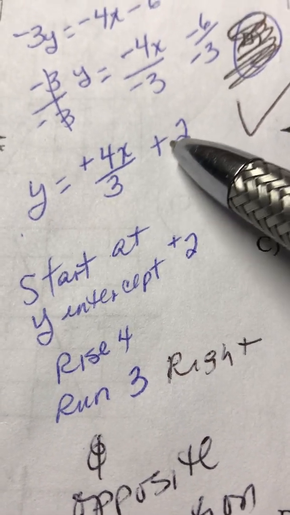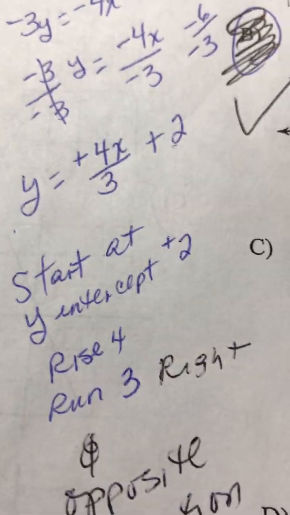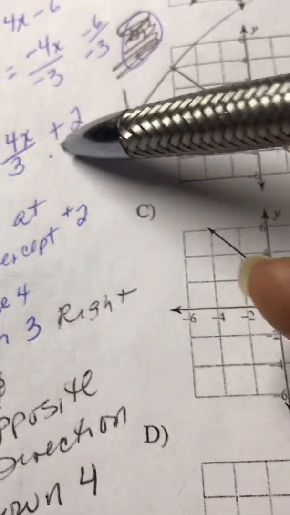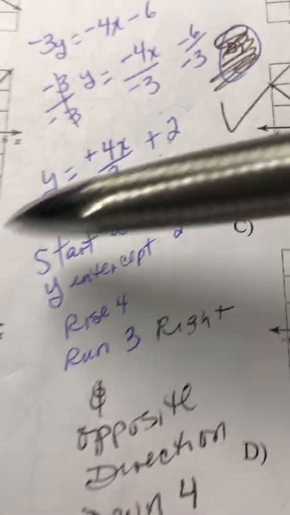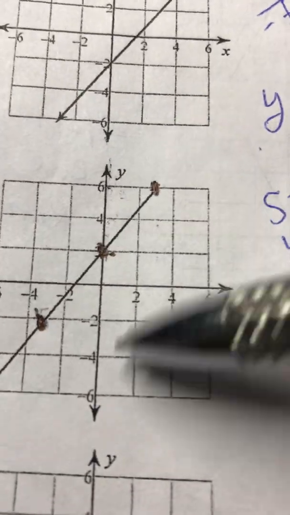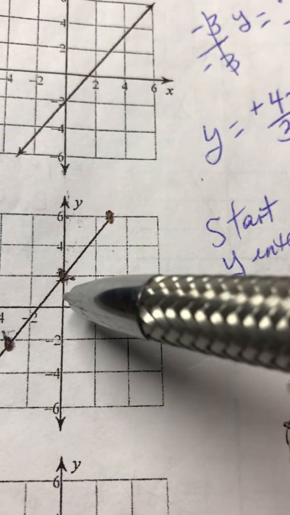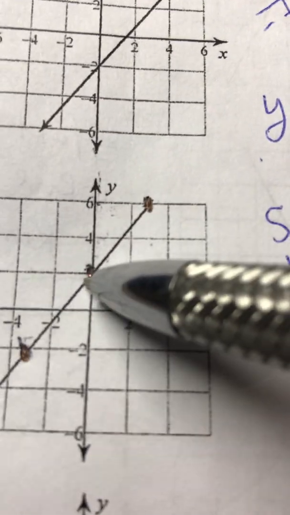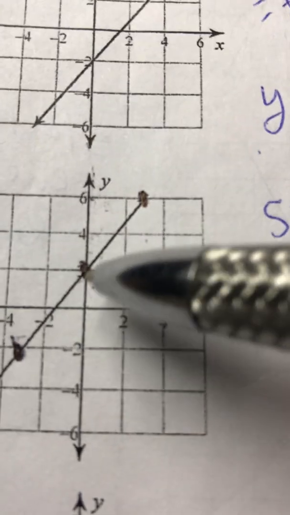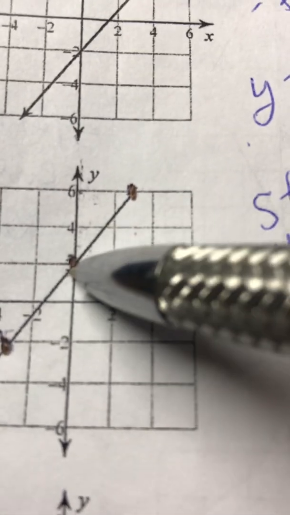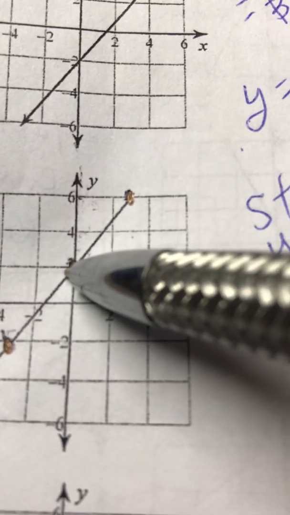Plus 2. You're going to start at the y-intercept. You start at this y-intercept. This is your y line. You're going to start at positive 2. See that? That's your starting point. The first point is positive 2.